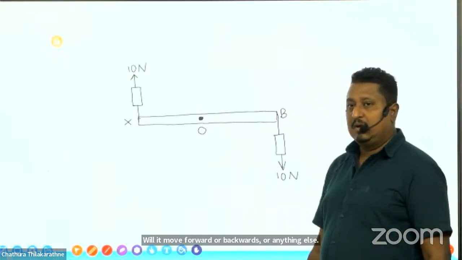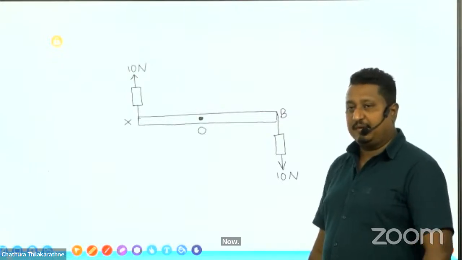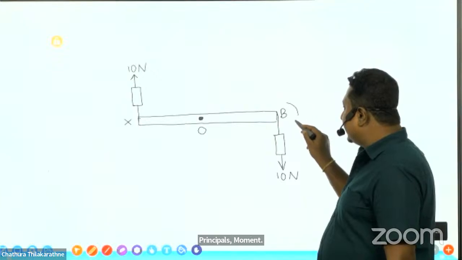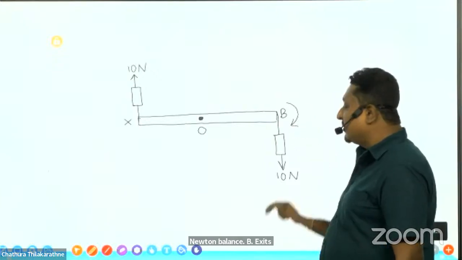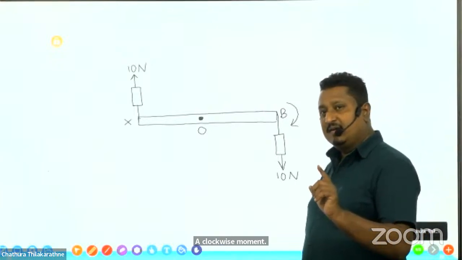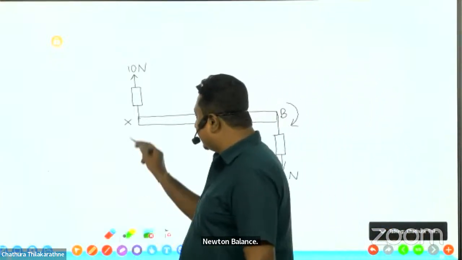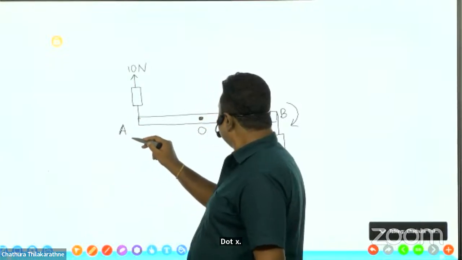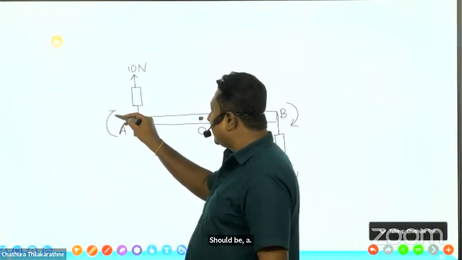Now, according to the principle of moments, Newton balance B exerts a clockwise moment. Newton balance A exerts an anti-clockwise moment.